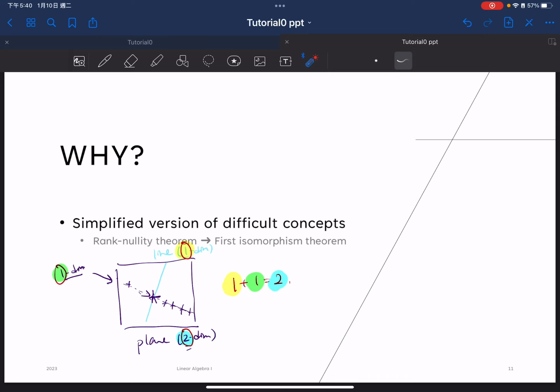I can even draw how it looks, but it leads to a more difficult theorem, called the first isomorphism theorem, in group theory, ring theory, module theory, and many theories in math. It is of fundamental importance, and that's why we care about learning all these things.